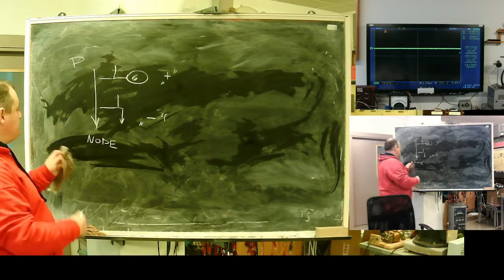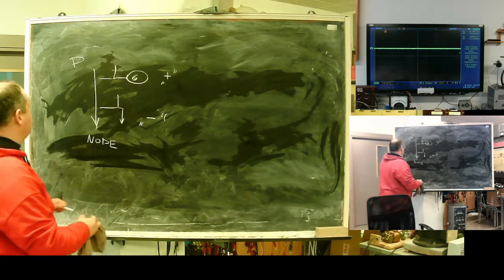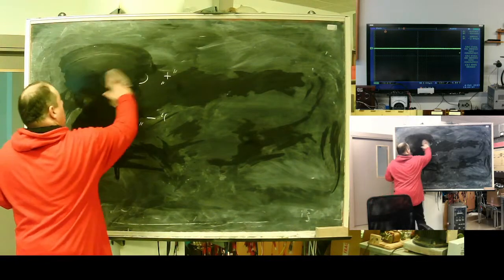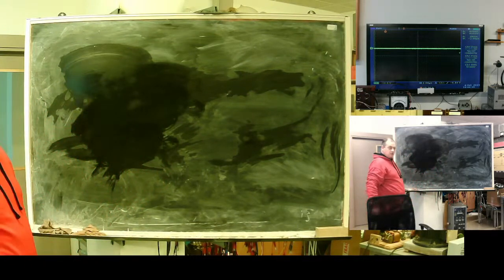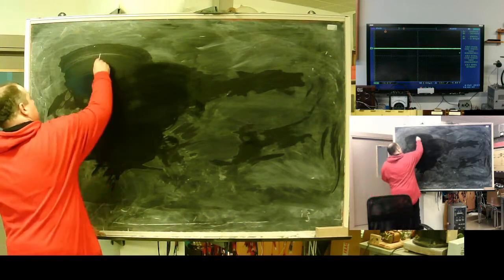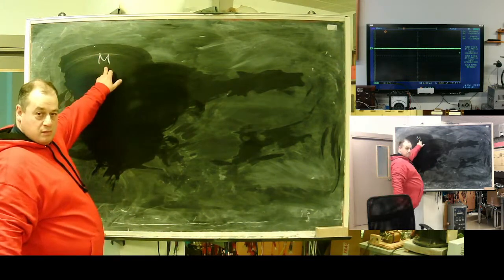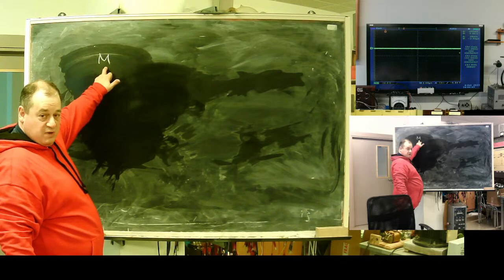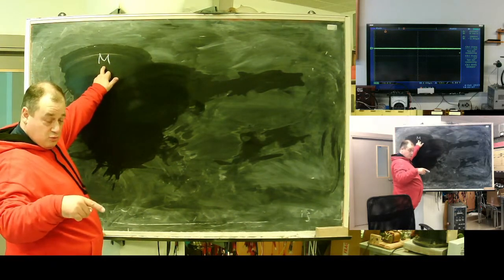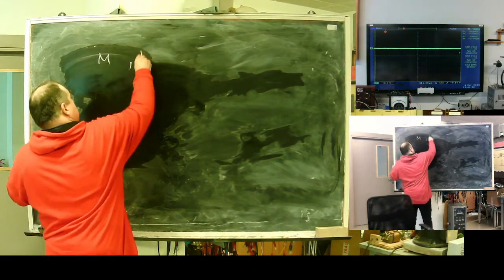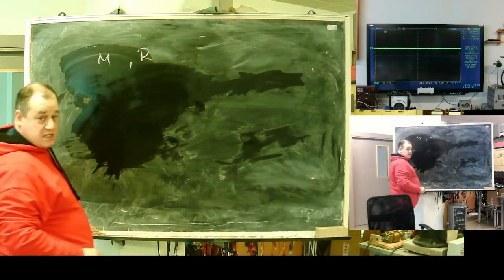Now, what can I do? I can move to the nodal voltage equation system. I will need first the incidence matrix, branches by nodes. I will also need the resistance matrix.